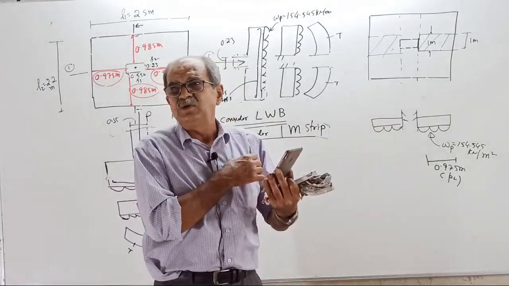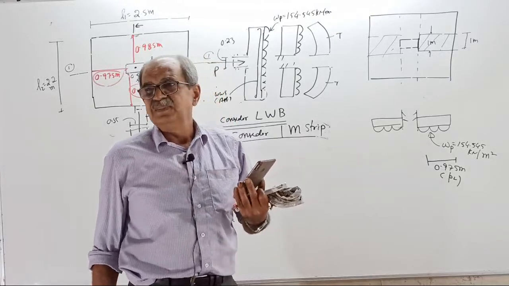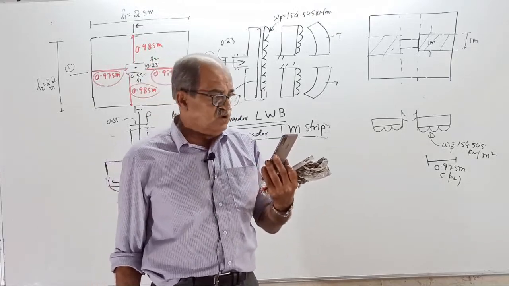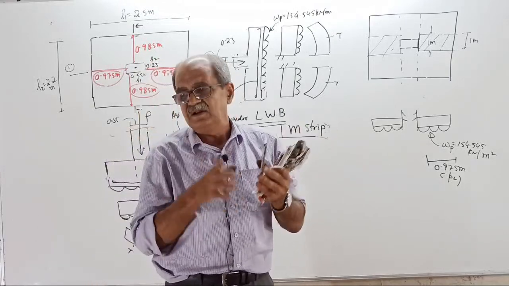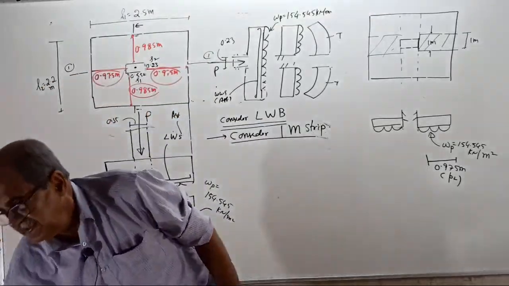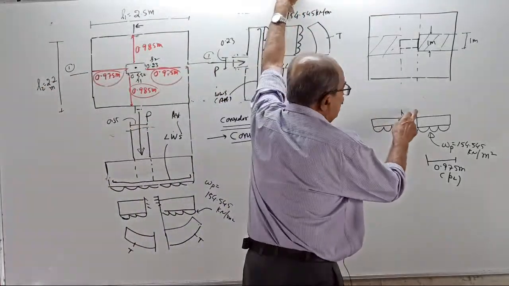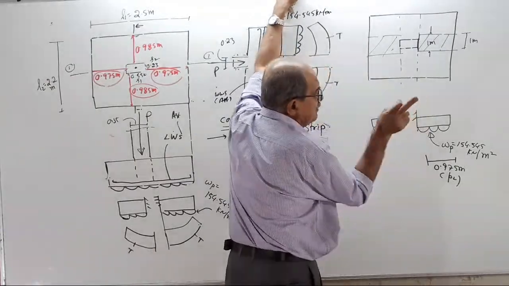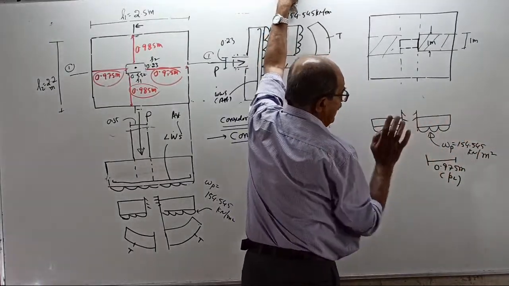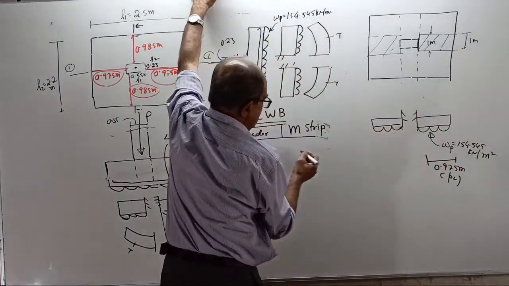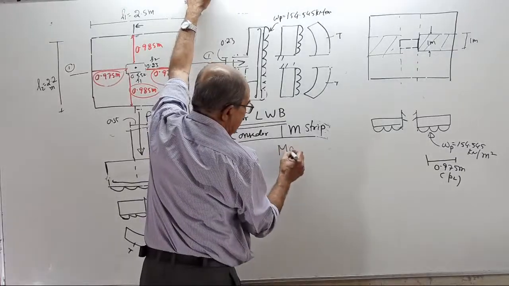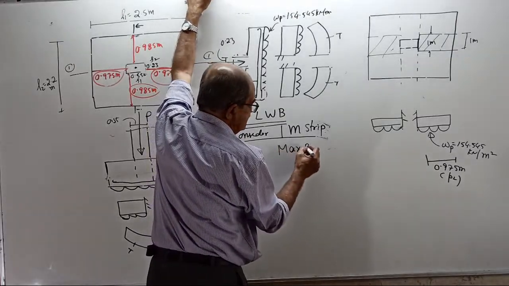In the slab I told you, not once, 100 times. Remember, it is for 1 meter length, width 1 meter, 154.545.